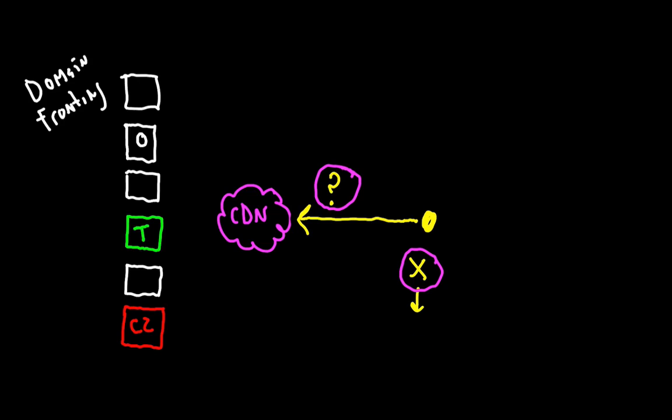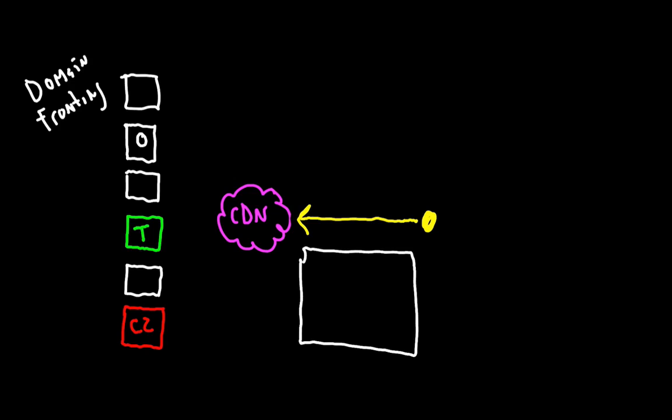So how does the CDN pull this information from a request? Well, the common denominator in both HTTP and HTTPS requests is the host header. So you have a host or HTTP request. That's what I'm making right now.